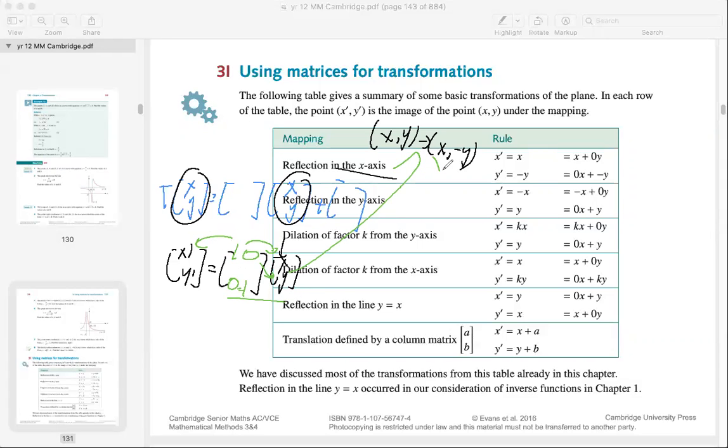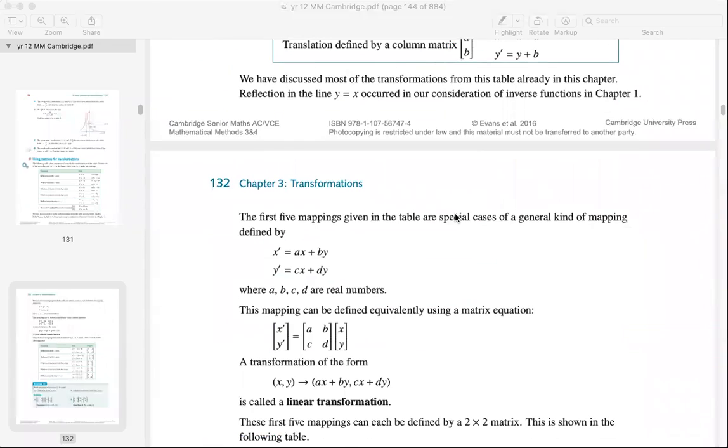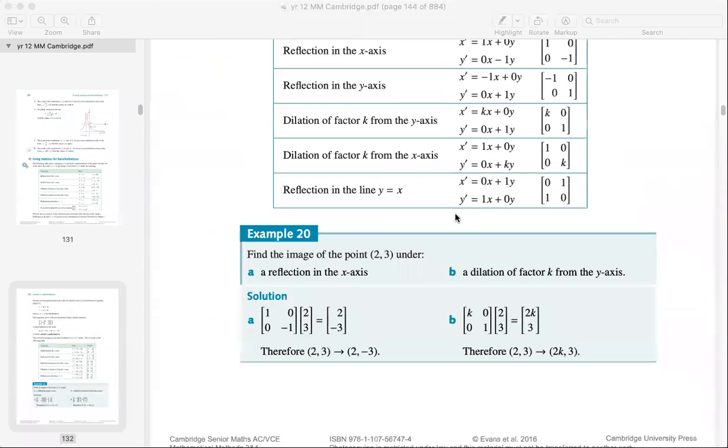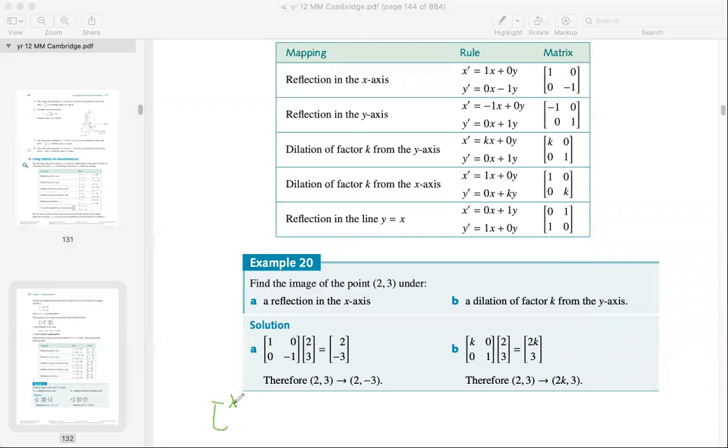This is an essential skill you need to have, and it's required. Okay, let's talk more about this one. Under the transformation, let's convert it into linear functions. So this one means my x dash, y dash equals 1, 0, 0, negative 1, times x, y.